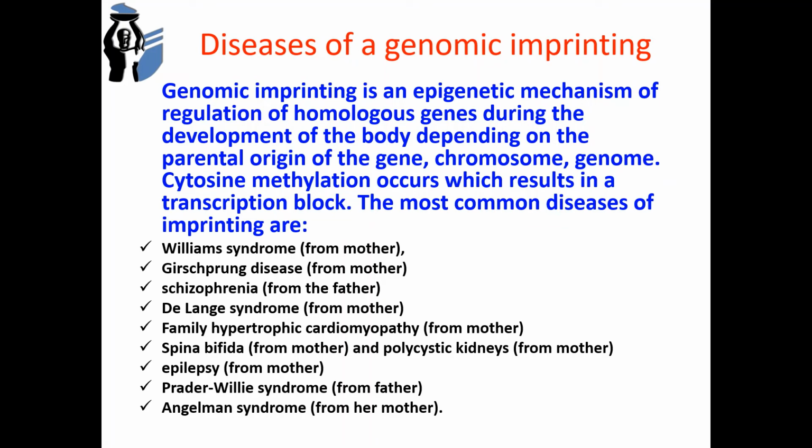Cytosine methylation occurs, which results in a transcription block. The most common diseases of imprinting are Williams syndrome, familial hypertrophic cardiomyopathy, spina bifida, epilepsy, Prader-Willi syndrome, and Angelman syndrome.